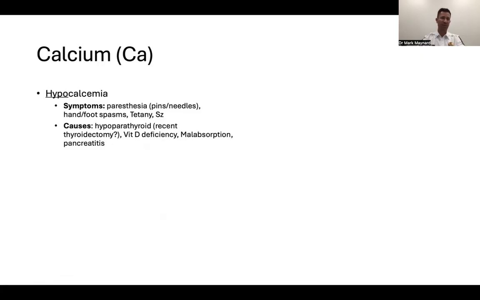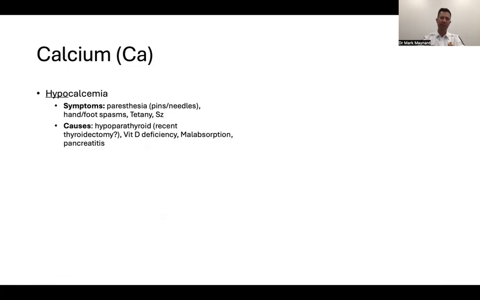So you've actually got four parathyroid glands, and they sit two on top, two on bottom, basically right within the thyroid tissue. So when they remove the thyroid, they can't always spare the parathyroid. And so oftentimes somebody will have a recent thyroidectomy and then they'll come in with spasms, paresthesias, right? And then we start to think, hey, I wonder if this patient has low calcium.